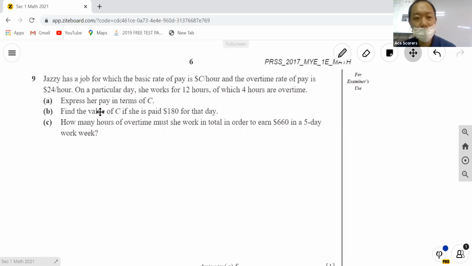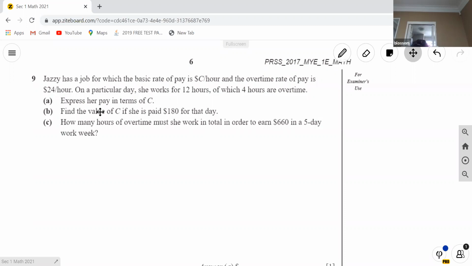Overtime is $24 per hour. 12 hours. 12C plus.